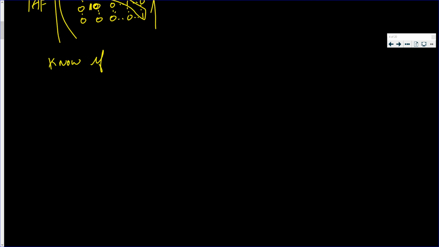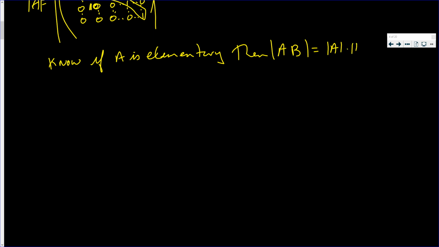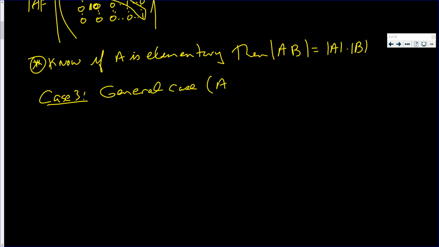We know if A is elementary, then the determinant of AB is the determinant of A times the determinant of B. Star. Now, case 3. The general case. A is non-singular.